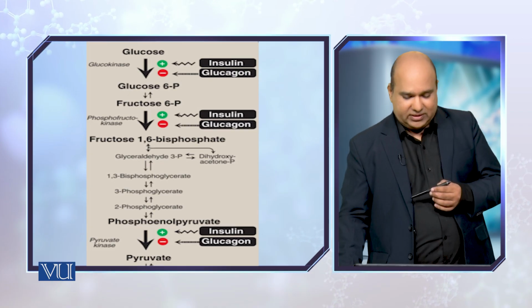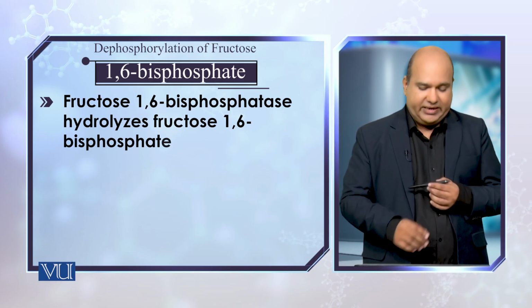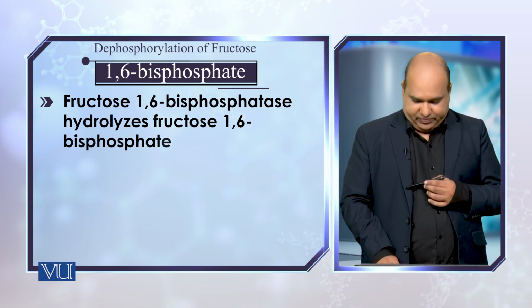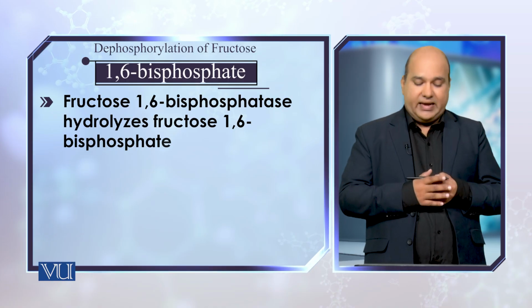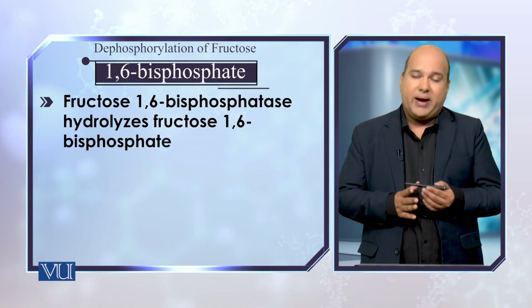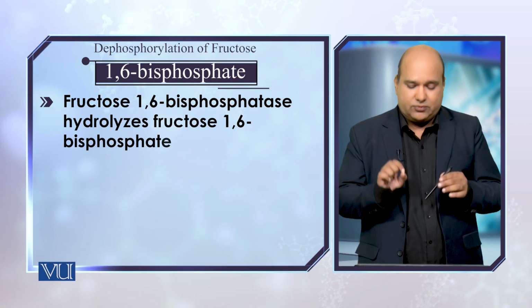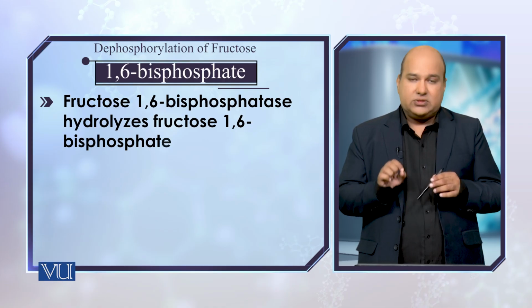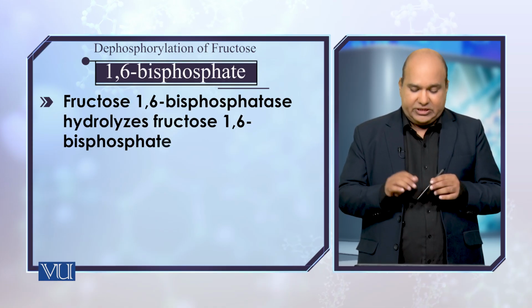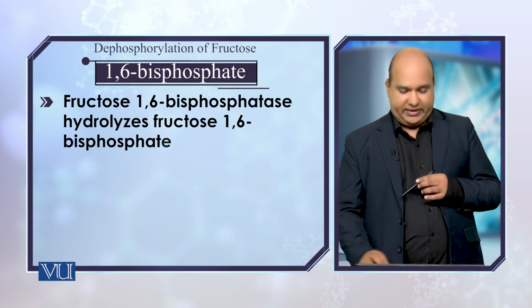The solution nature devised here is the invention of another enzyme, fructose 1,6 biphosphatase. As the name shows, it will dephosphorylate fructose 1,6 biphosphate and change it into fructose 6 phosphate.